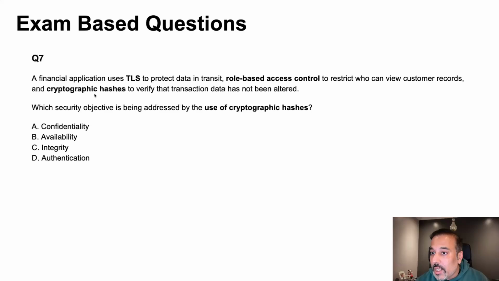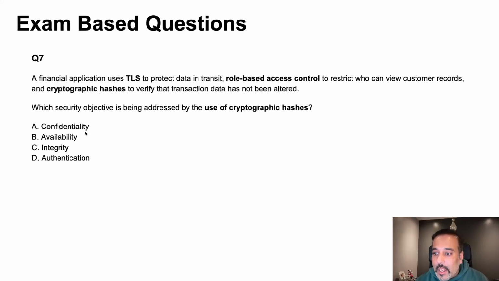They are using hashes. Which security objective is being addressed by the use of cryptographic hashes? That is again an interesting one. If you look at confidentiality, they are using TLS for the data in transit to maintain the confidentiality of the data.